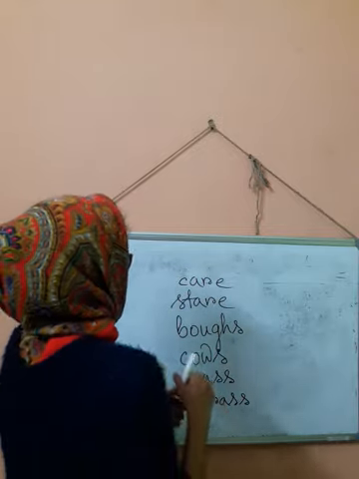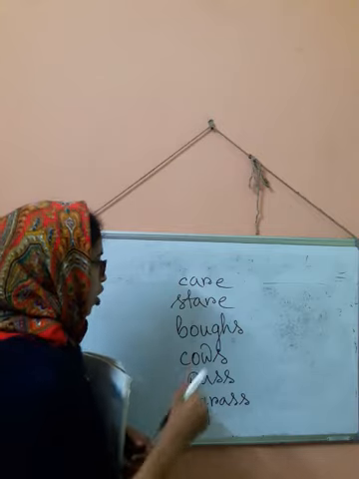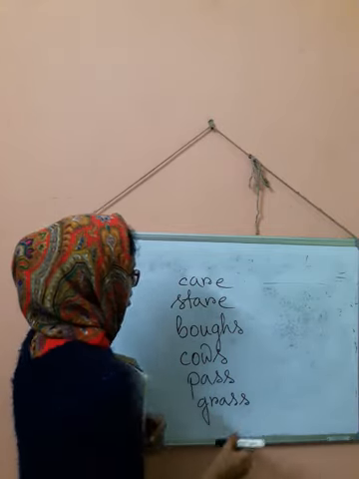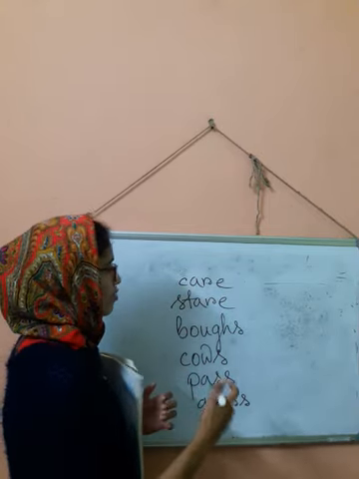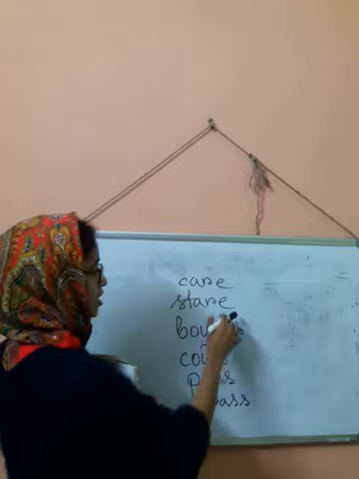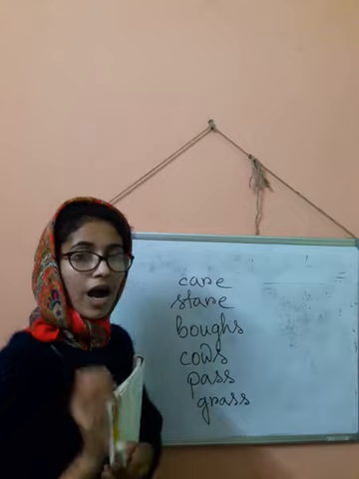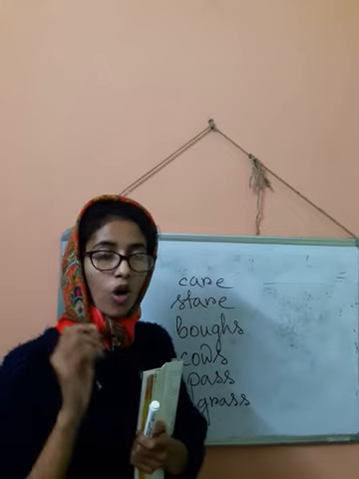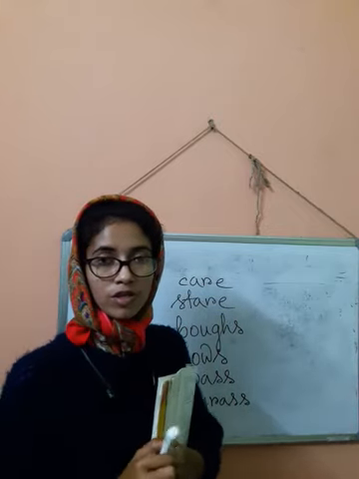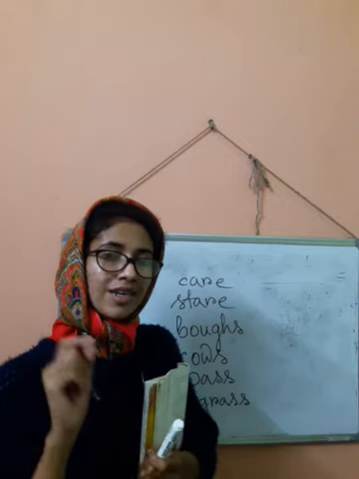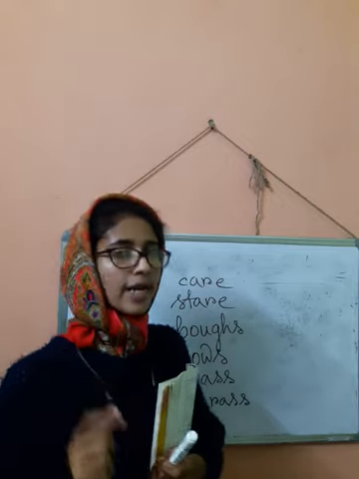Okay. So the first word is care. Which word among these is rhyming with the word care? Obviously, stare is rhyming with this particular word care. Now, how to find out the rhyme scheme? In order to mark or find out the rhyme scheme, we denote each line with an alphabet.